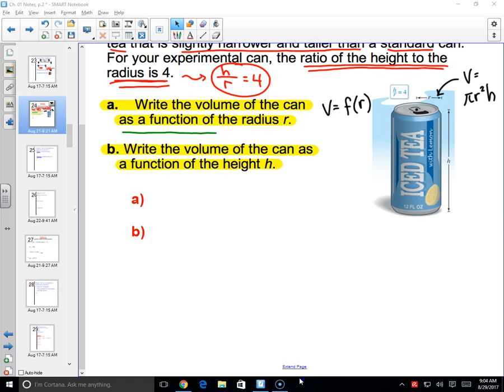Does anybody see a piece of information that we haven't used? How can we use this to help us get something to substitute for H?